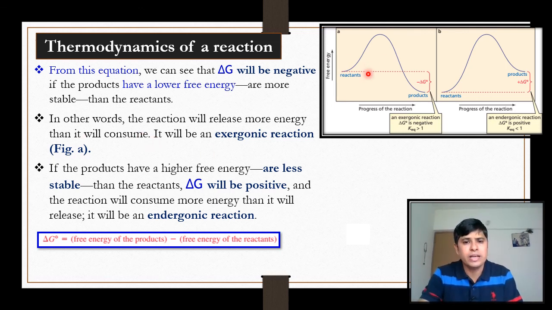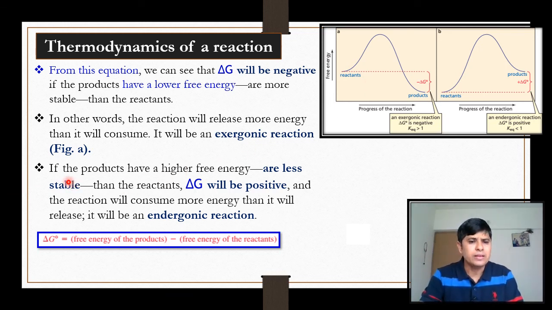So this is an exergonic reaction, where the products are more stable, delta G is negative, and there is more release of energy than is consumed at the time of formation of product.